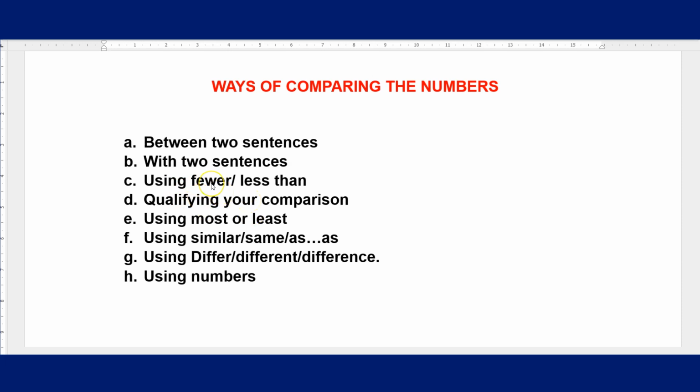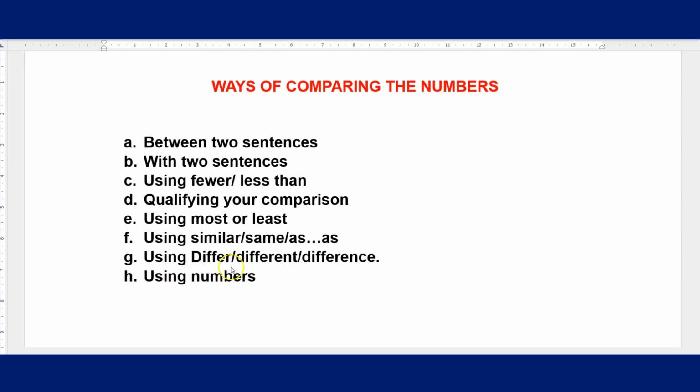So this time you're not just using few or fewer, but we are quantifying it. We are using something to quantify it. The next one will be using most or least, and then we have using similar, same, or as, dash, as, something in between to show similarity.